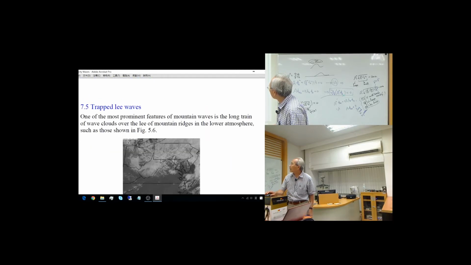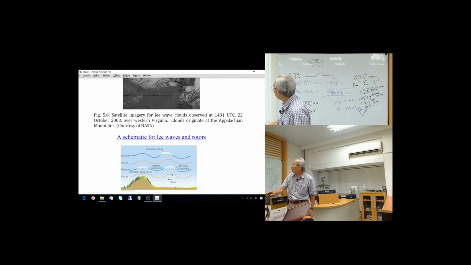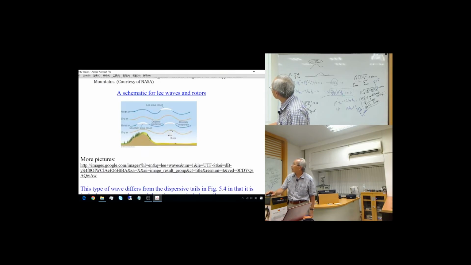Next topic is trapped lee waves. I think I've shown this before. Lee waves, a schematic for the lee waves and the rotors, like this. So the wave can look like this. You can see the wave repeating horizontally, in a certain layer.